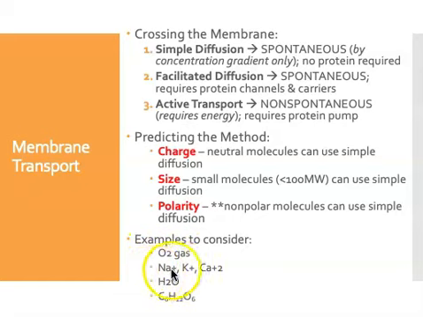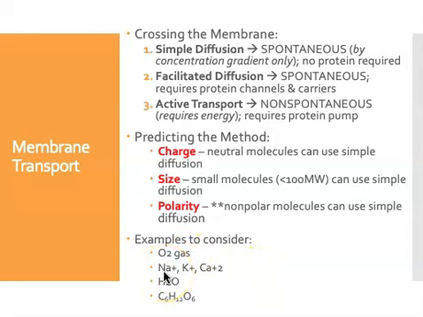Next on the list are three ions: sodium, potassium, and calcium. Now, when we think about polarity, it doesn't really apply here because these are not molecules, these are individual atoms, they're ions. When we look at size, well, sodium, potassium, and calcium are all relatively small.